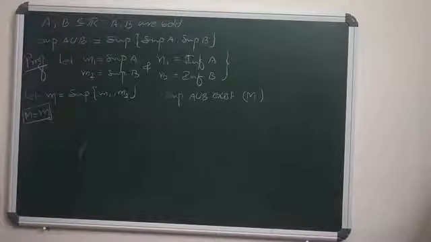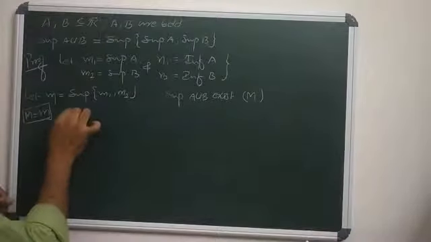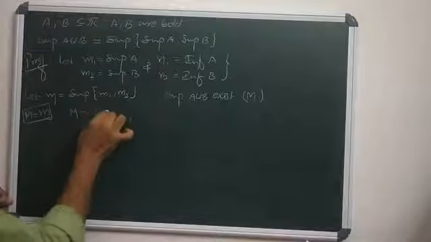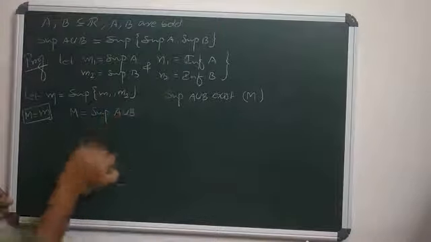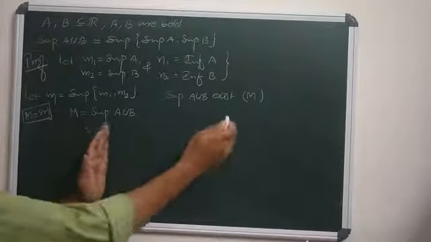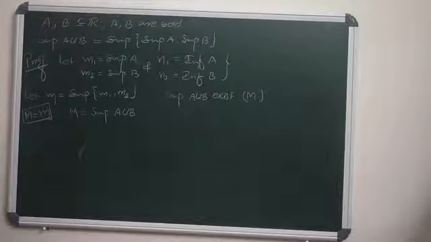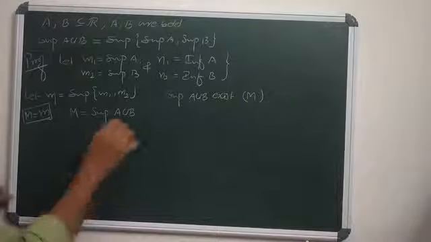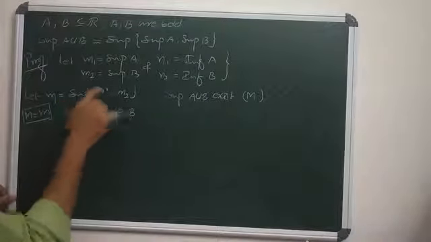How? What is capital M? It is given that M is the supremum of A union B, where A union B is a set and M is its supremum. Then what is small m? m is the supremum of M1 and M2.